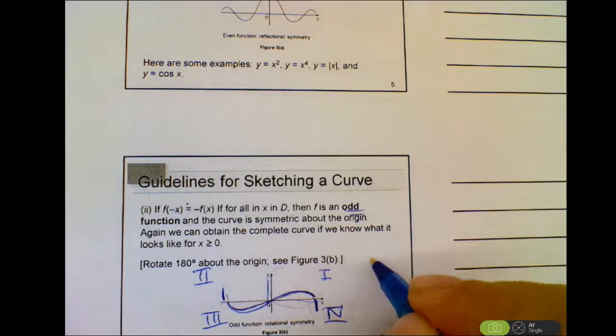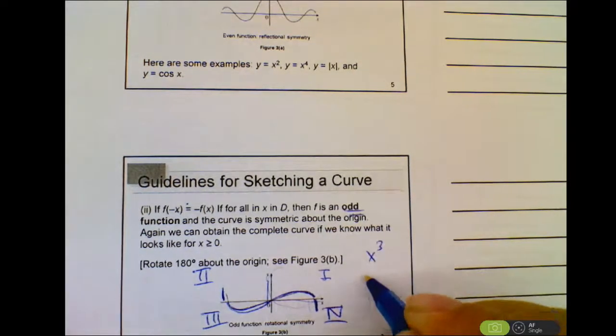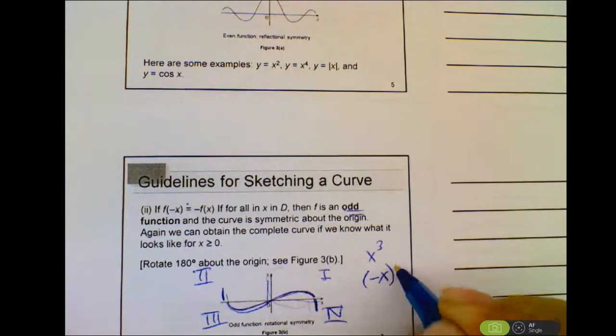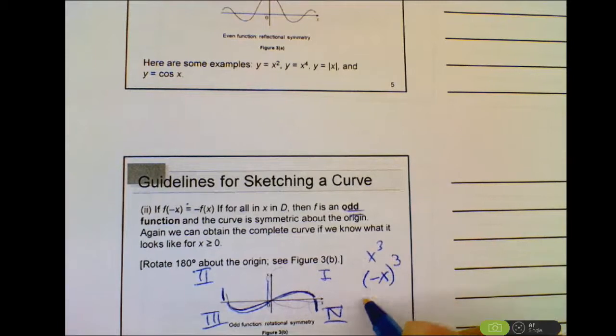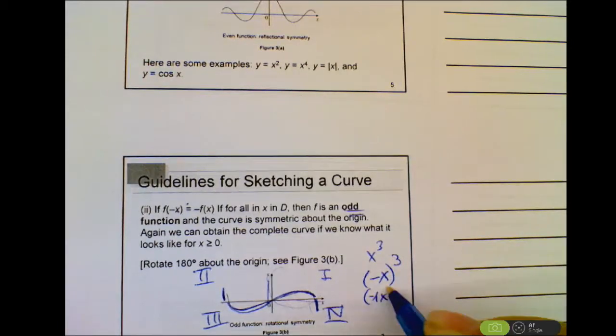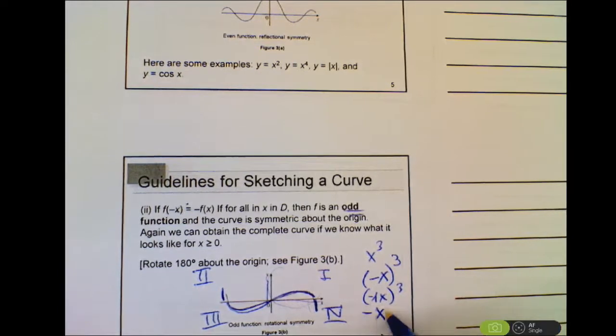For example, I have x cubed. If I replace x with negative x, you know that this is negative 1 times x cubed, and negative 1 cubed is negative 1 again, and x cubed is x cubed. So when you evaluate negative x to the third power and then compare these two, it's like the opposite.